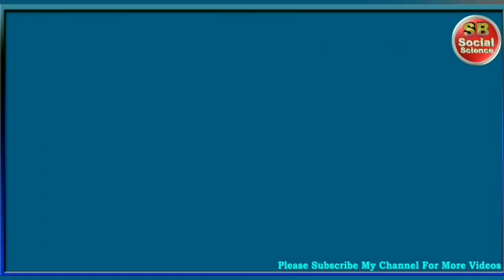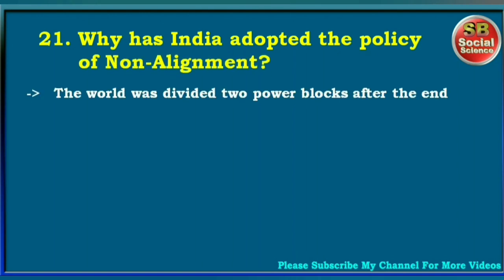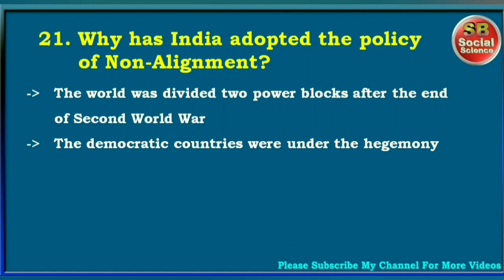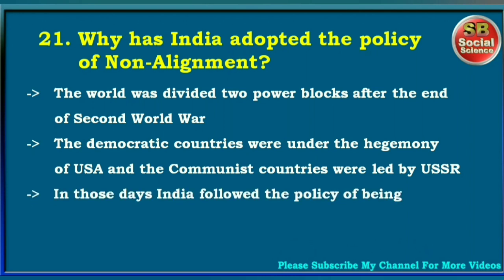The next question is, why has India adopted the policy of non-alignment? Answer: the world was divided into two power blocs after the end of the Second World War. The democratic countries were under the hegemony of the USA and the communist countries were led by the USSR. In those days, India followed the policy of being non-aligned to either of these blocs.